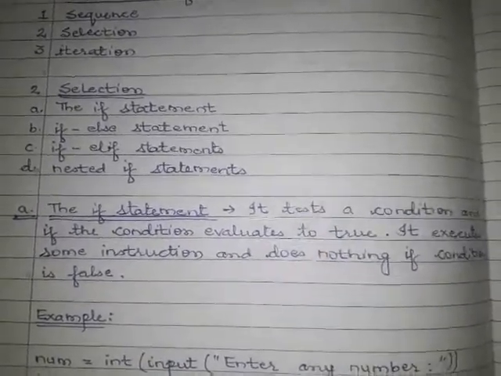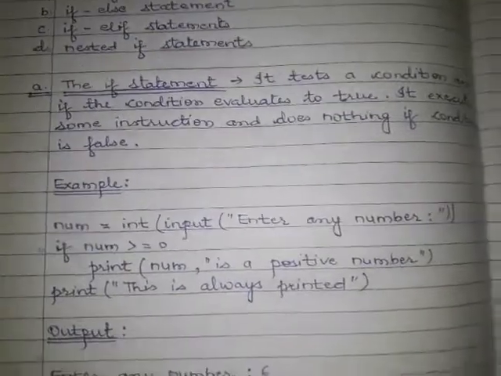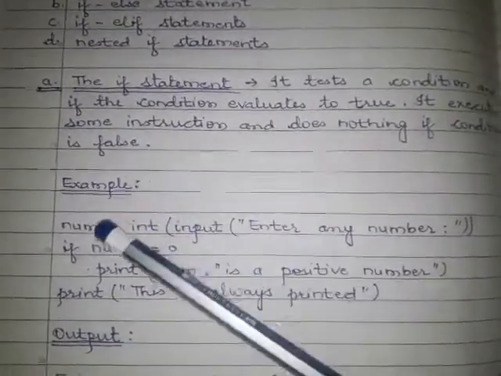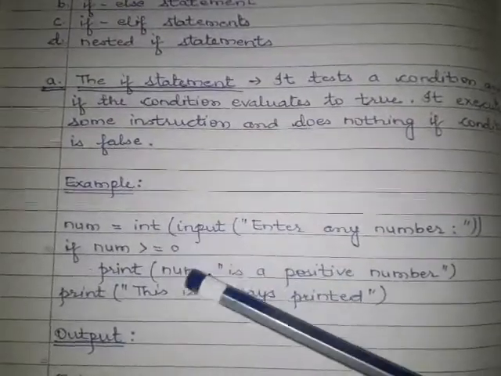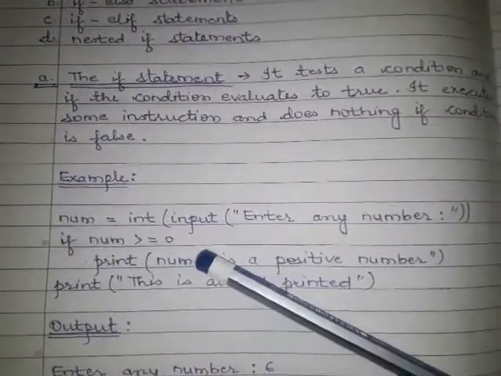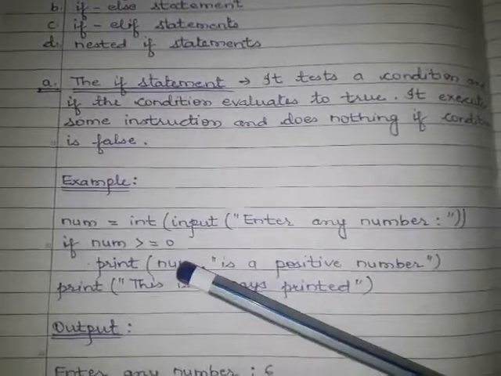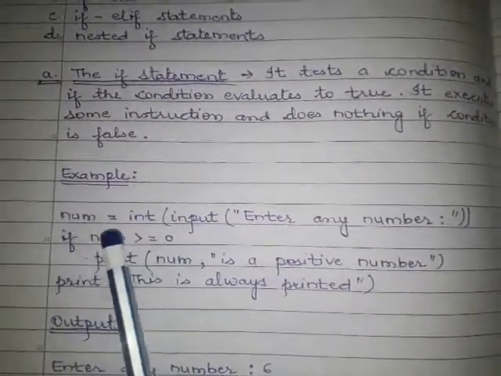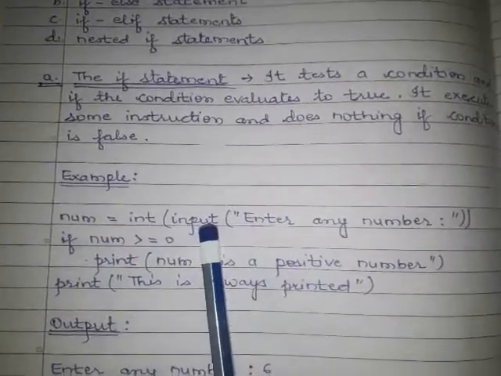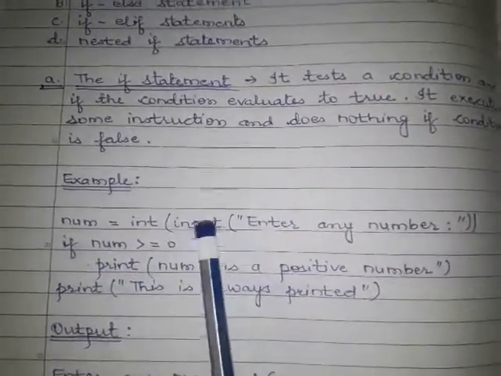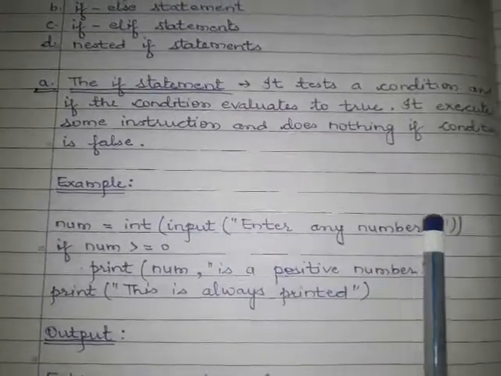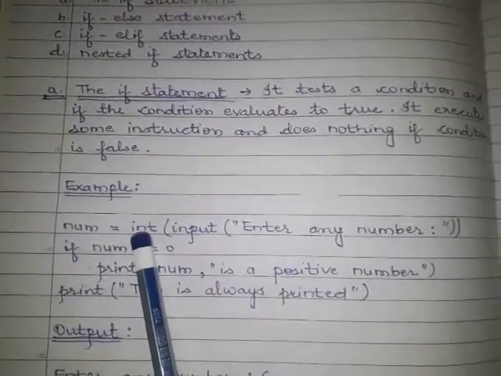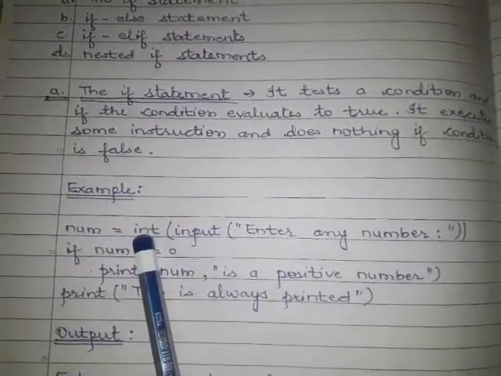Okay, let's see it with the help of an example. With the help of this example, we are going to check whether a given number is a positive number or not. First of all, we read a number with the help of the input method, and whatever the user enters is converted with the help of the int function into an integer.